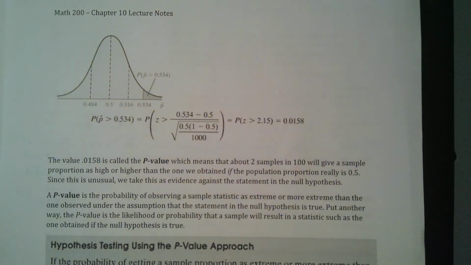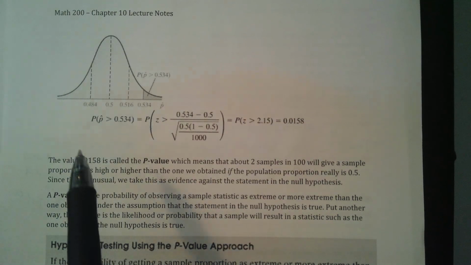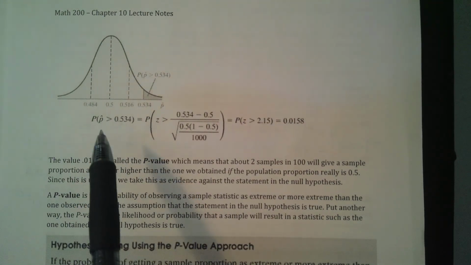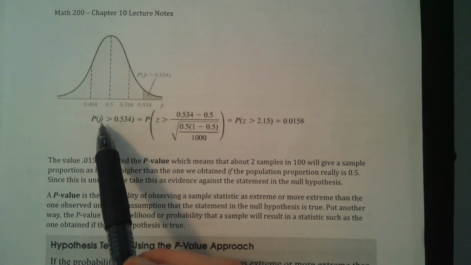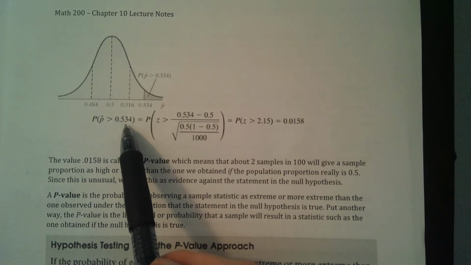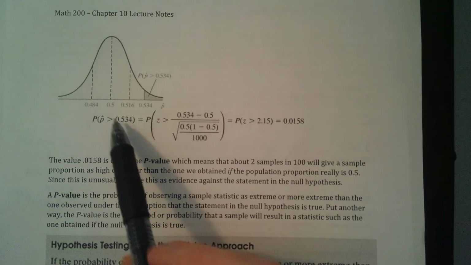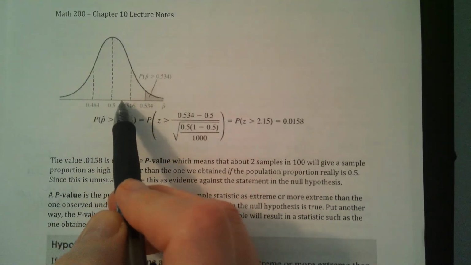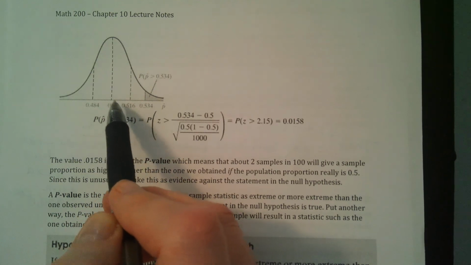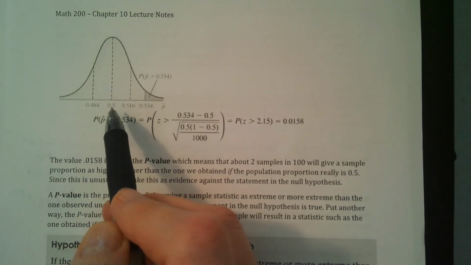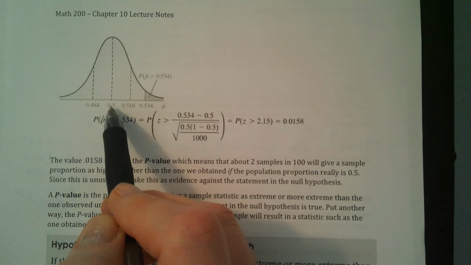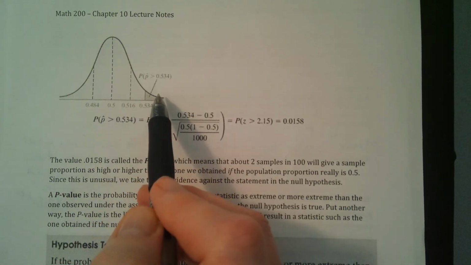So for this particular example, let's say we want to find the probability that the proportion in my sample is greater than 53.4%. So remember, we want in our population to have a majority of voters that feel a particular way about this politician. So we want more than 50%.